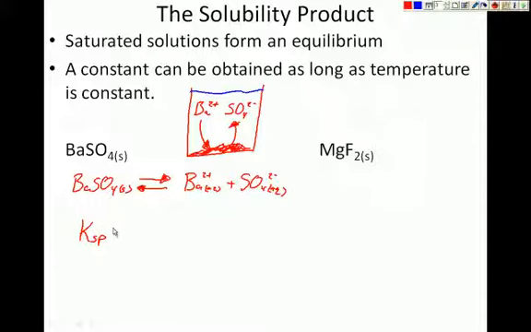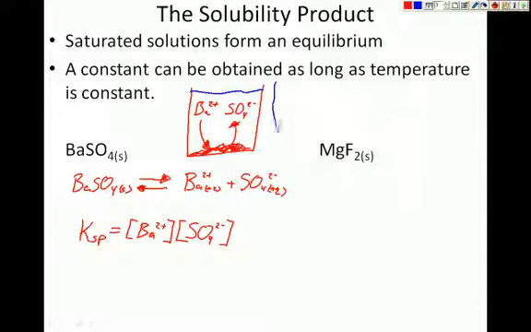And just like our KEQ questions, it's going to equal the concentration of Ba ions multiplied with the concentration of sulfate ions. That's going to be our KSP expression for BaSO4.